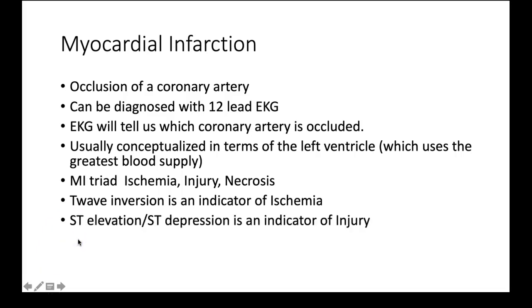When we see ST elevation or ST depressions, that's usually an indicator of cardiac muscle injury. And then when we see Q waves, that's a sign of necrosis. And we see that in somebody who has had a previous MI. You'll see the Q waves.